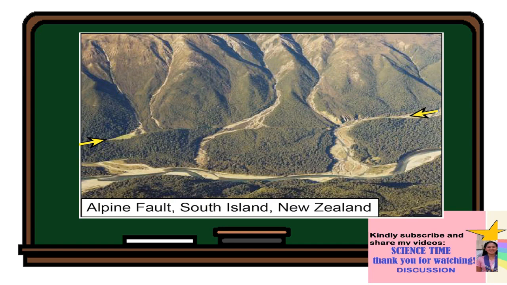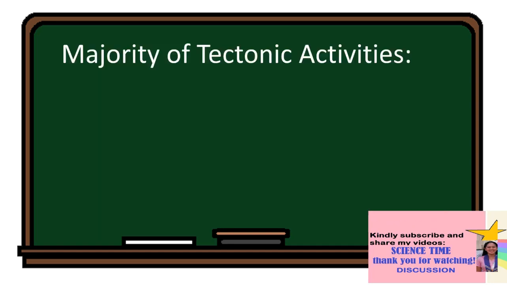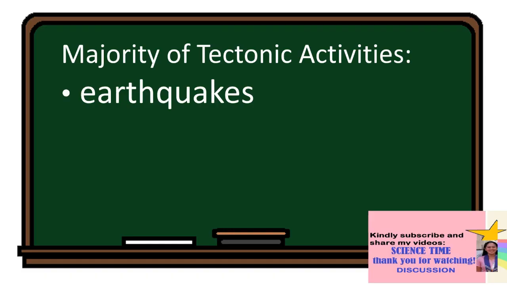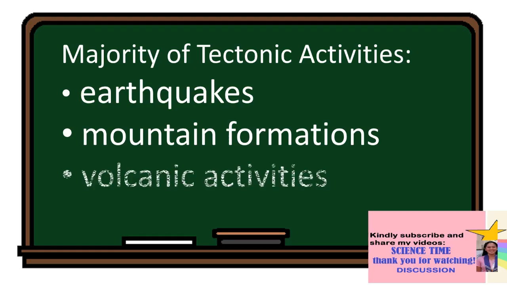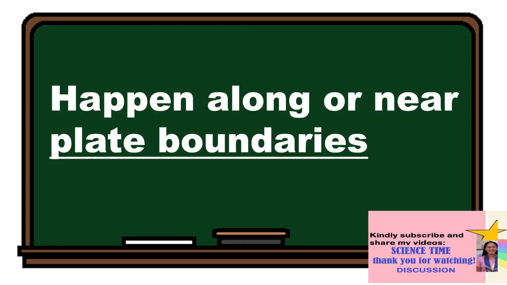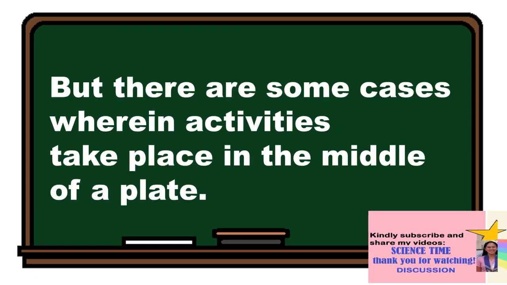It was stated at the beginning of this module that the majority of tectonic activities like earthquakes, mountain formations, and volcanic activities happen along or near plate boundaries. But there are some cases wherein activities take place in the middle of a plate.